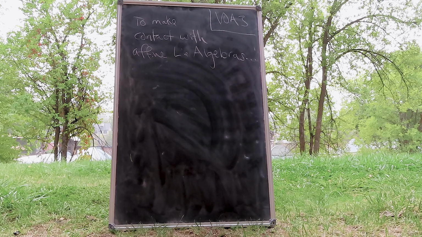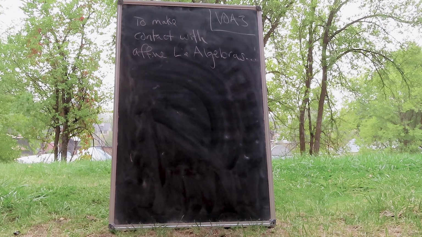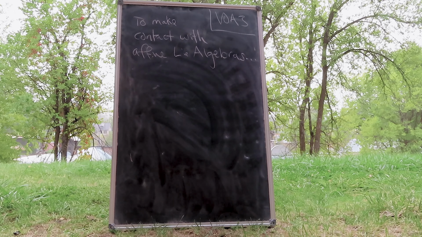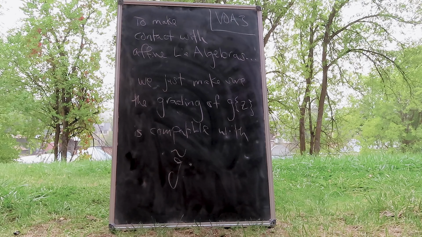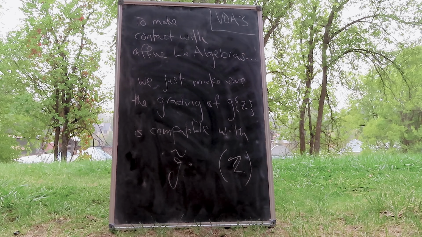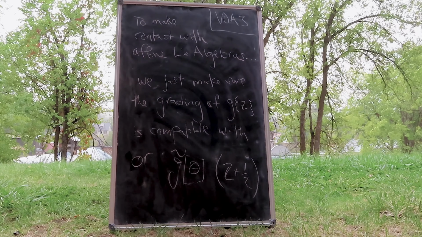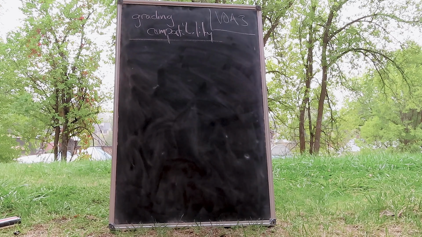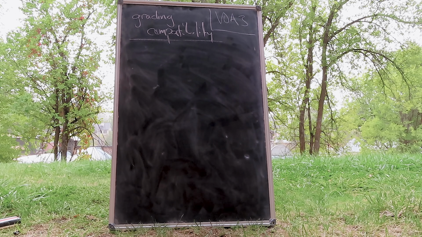To make contact with our previous constructions of affine Lie algebras, we basically look to make the gradings between these two constructions compatible. For the untwisted ĝ algebra, it's a Z grading, an integer grading. For the involution twisted version, it's an integer plus 1/2 grading. In practice, this compatibility essentially works as you'd expect, perhaps though in reverse.